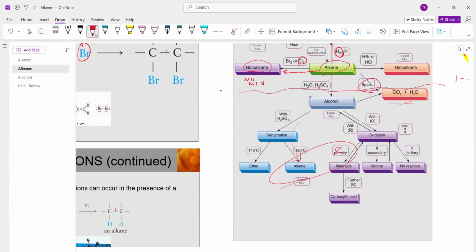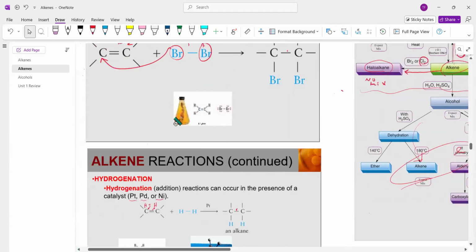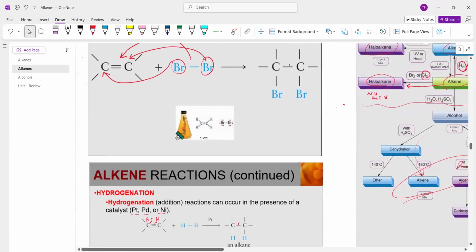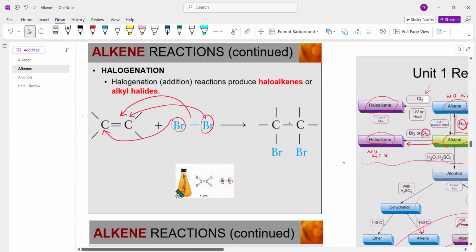We went from 2 to 8 now. And we haven't talked about alcohols either. These are just the first 2 chapters.